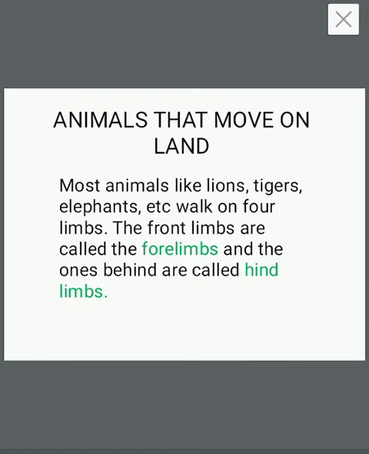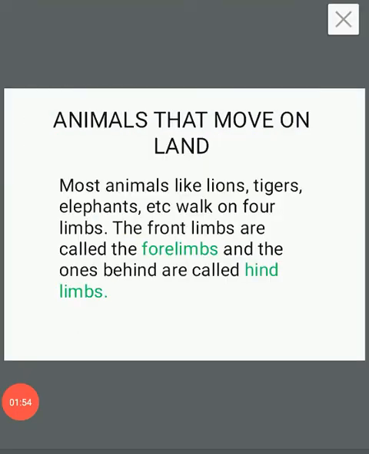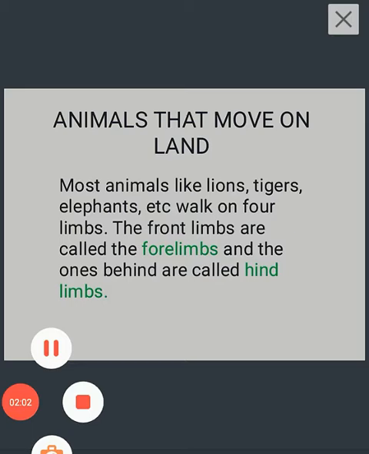Most animals like lions, tigers, elephants, etc. walk on four limbs. The front limbs are called the forelimbs and the ones behind are called hind limbs. Now let us see how these forelimbs and hind limbs help these animals to move on land.